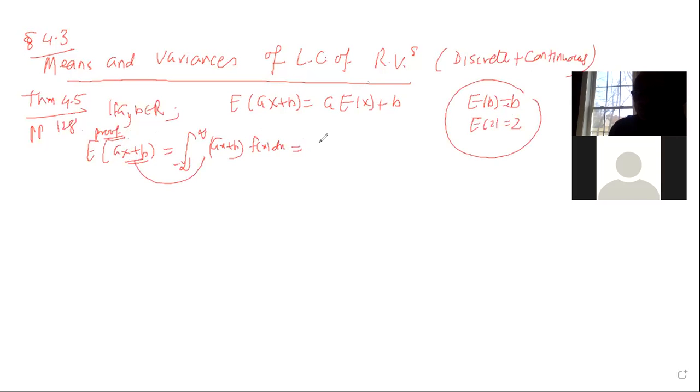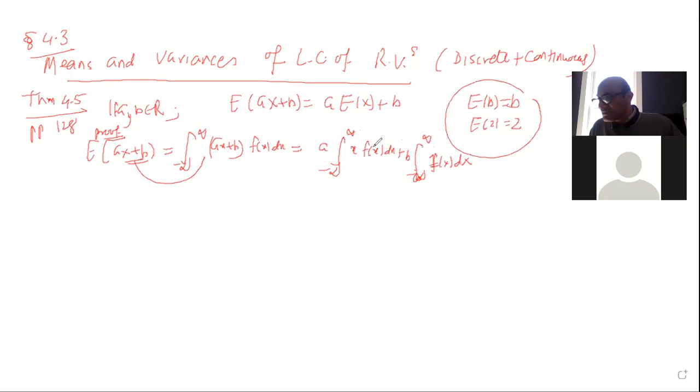The same thing can also be visualized as the integral from negative infinity to infinity of x f(x) dx, plus, because it's term by term integration, the integral from negative infinity to infinity where b is a constant, so pull it out, times f(x) dx.